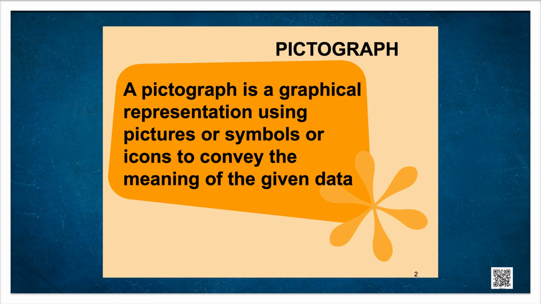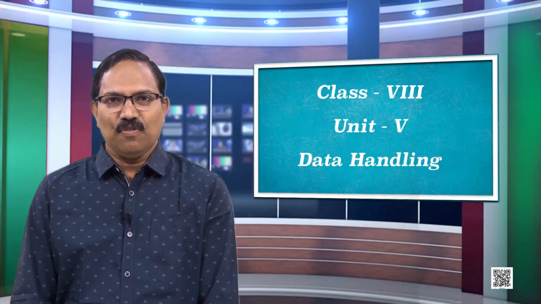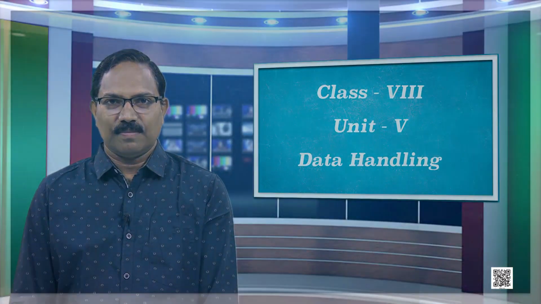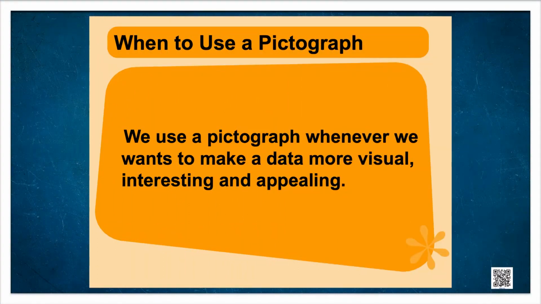That is, a symbolic representation of information in a systematic manner. When do we use a pictograph? We use a pictograph whenever we want to make data more visual, interesting and appealing.